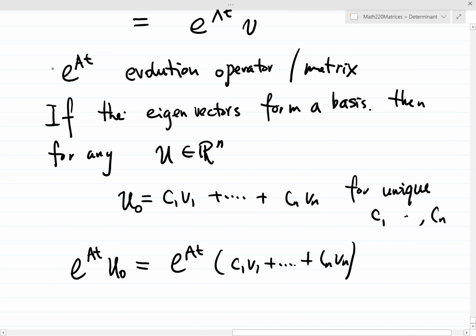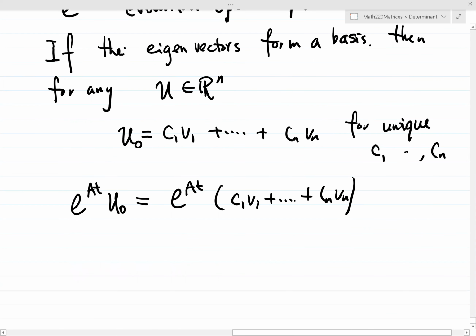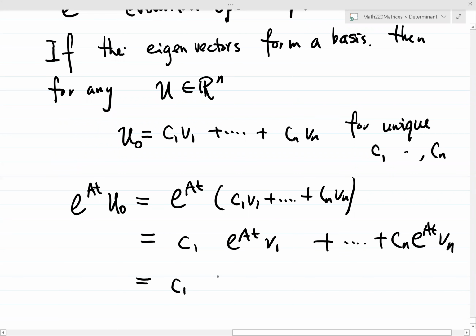Use the linear property to distribute, so we get C1 e to the At on V1 plus etc. plus Cn e to the At on Vn. Now this you can write as C1 e to the lambda 1 t V1 plus etc. plus Cn e to the lambda n t Vn.